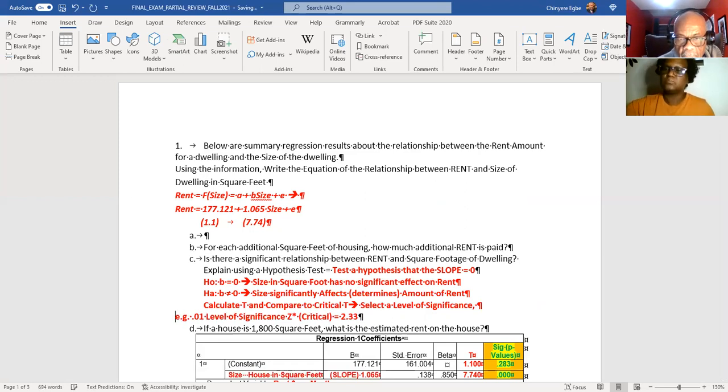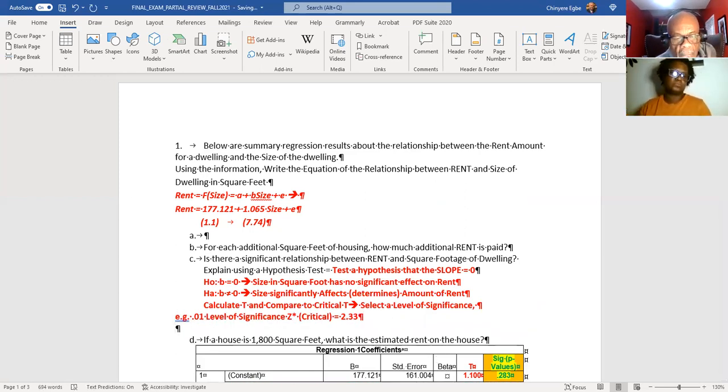And so the question is, since T of 7.74 is greater than the T star, or Z star, if you want to use that, of 2.33.